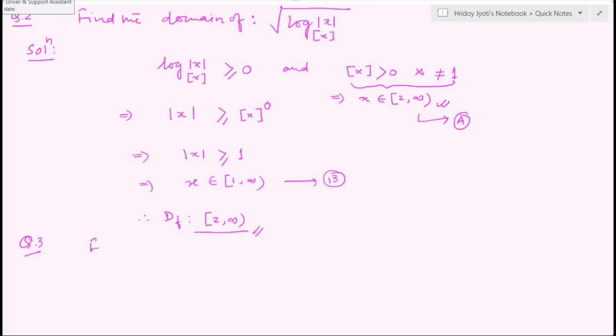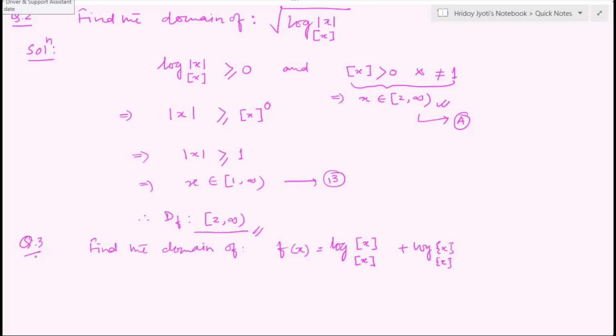Find the domain of f(x) equal to, okay, let me write down this question. f(x) equal to log of greatest integer function of x to the base greatest integer function of x plus log of fractional part of x to the base fractional part of x.